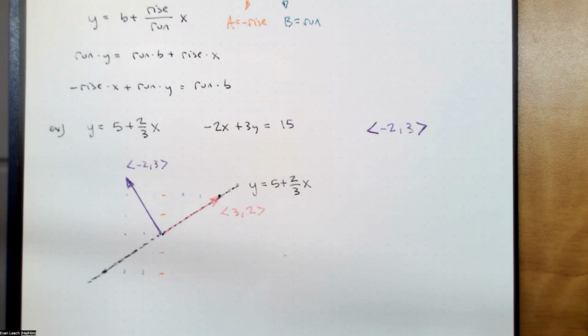So what we notice about this vector, whose components are the coefficients of the standard form, is that it is perpendicular to our original line. That is normal to the line.